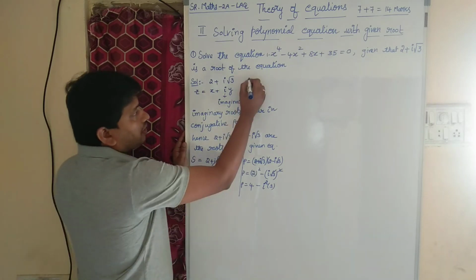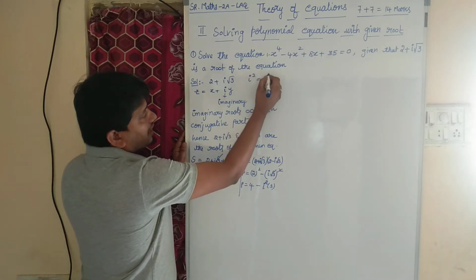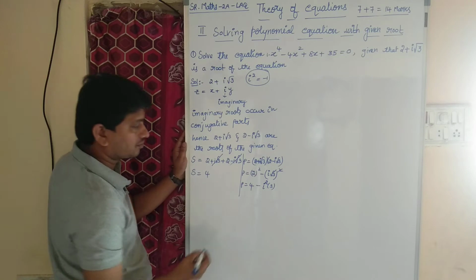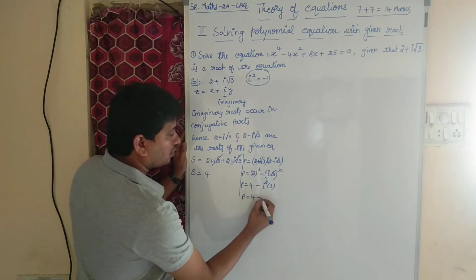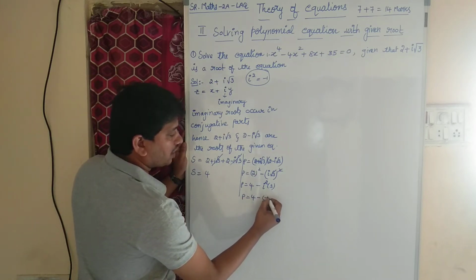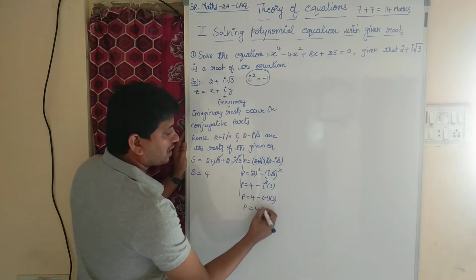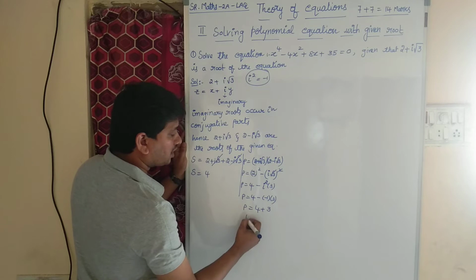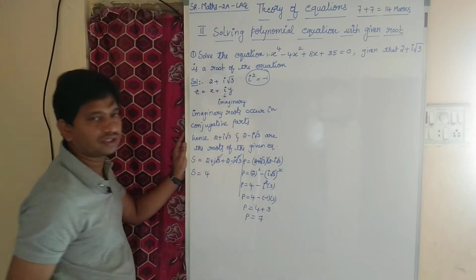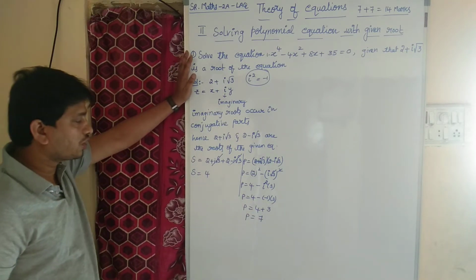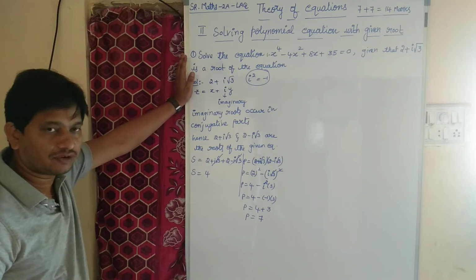You know children, what is the value of i square? We know that i square value is minus 1. So P equals 4 minus (minus 1) into 3, so 4 plus 3. So P equals how much? 7.